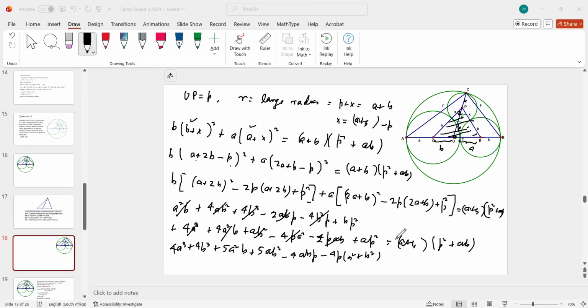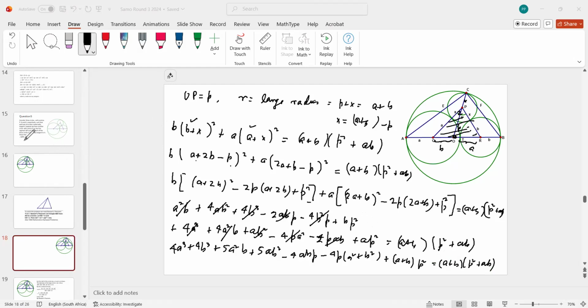Take out minus 4p as a common factor. And here you got p squared is a common factor here into a plus b. And on the right hand side, you got a plus b into p squared plus ab. Ooh! I don't think I've ever done anything so complicated.